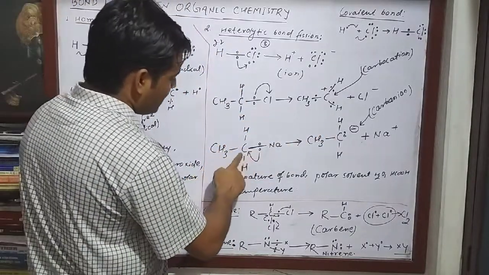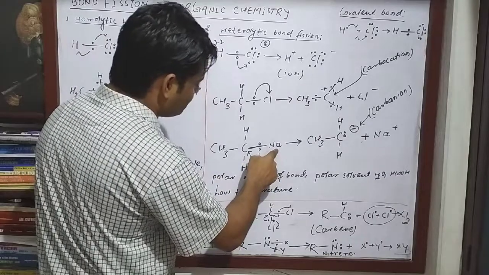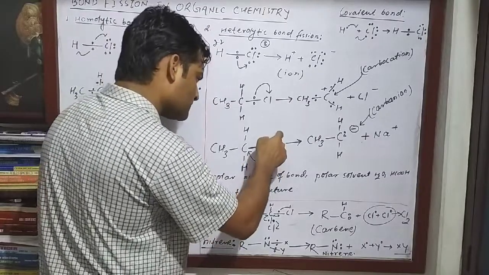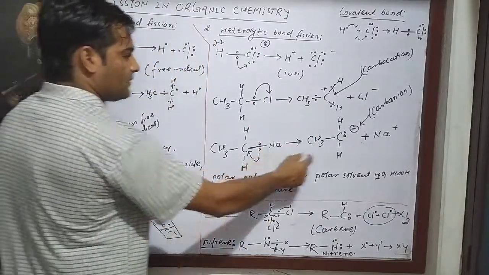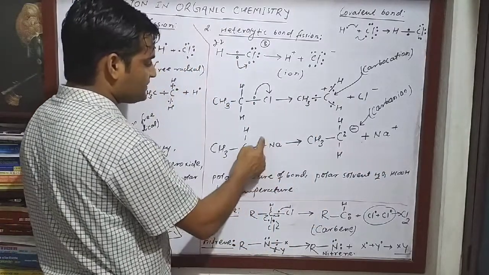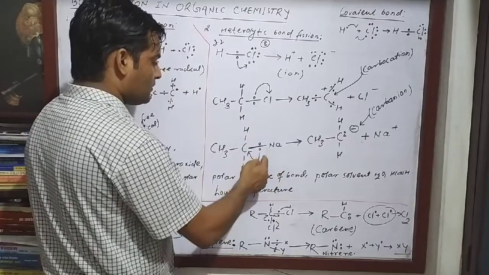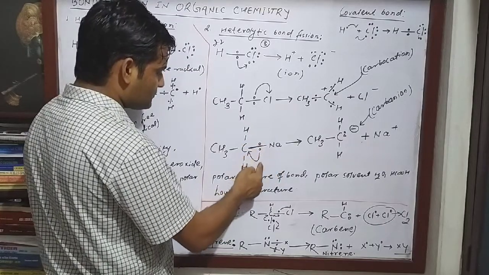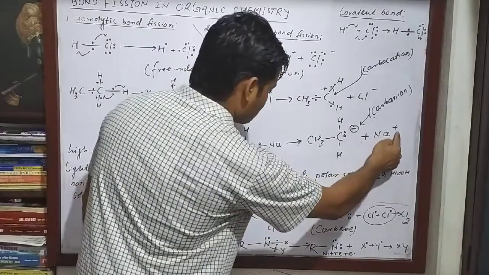Similarly, when we take a carbon-metal bond, metals are less electronegative or electropositive, and metals always try to lose electrons and form cations. Therefore, this sodium loses the shared pair of electrons, and in the bond fission the shared pair of electrons shifts towards carbon and the metal forms a cation.